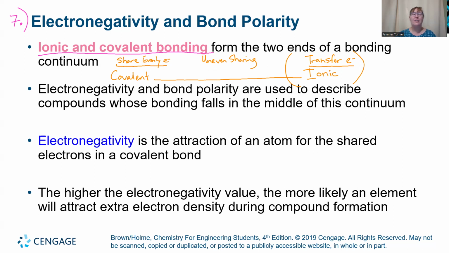So electronegativity is the ability for one atom to draw the electrons close to itself. So if it's very electronegative, it's going to pull the shared electrons closer. If it's less electronegative, it's not going to pull as hard, okay? And that's where you get this uneven sharing, and a bond polarity. And this uneven sharing is going to be called polar covalent. And we're going to be introducing the concept of the dipole on the next slide.